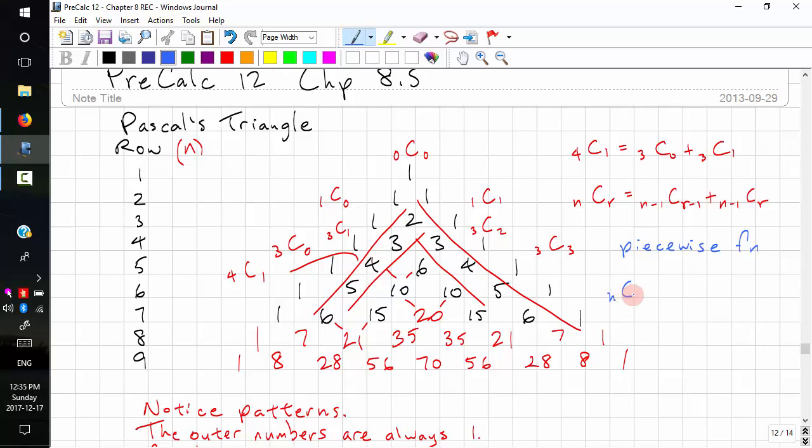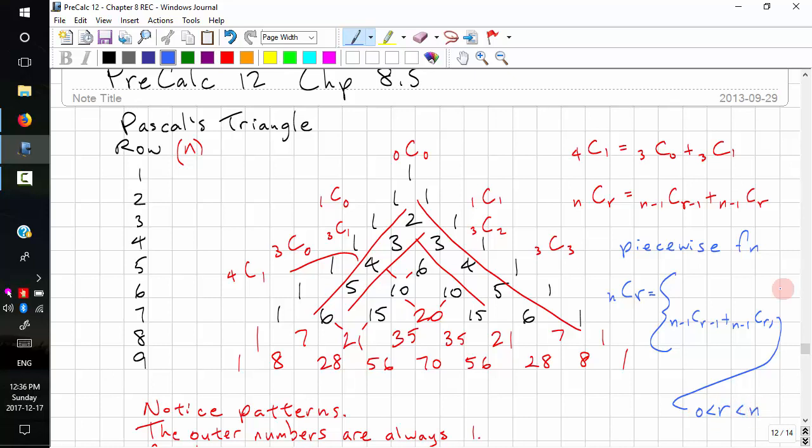So n choose r equals, and you need 3 pieces. The first piece is n minus 1 choose r minus 1 plus n minus 1 choose r when r is greater than 0 and less than n.